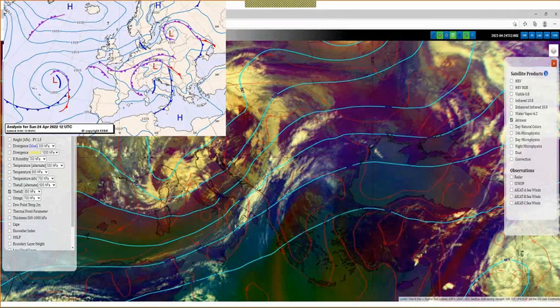Over the area of interest, you can see an area between an upper level ridge and a trough. The trough is located over the north of Italy, and the upper level ridge is located over the eastern part of Europe.